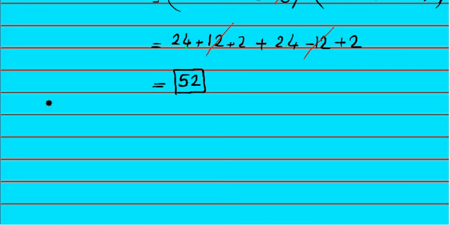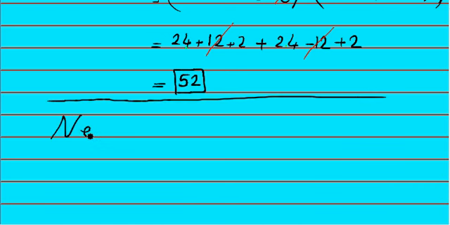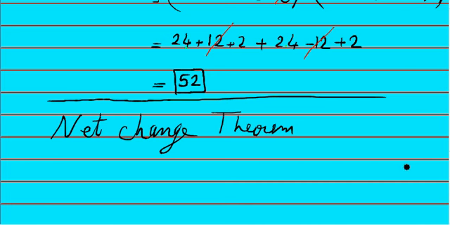Well, maybe I forgot to mention one more thing. I promised to say something about the net change theorem. We really have gone through this thing once several lectures ago, net change theorem. Net change theorem simply recaptures the discussion we had, for example, related to velocities a long time ago.